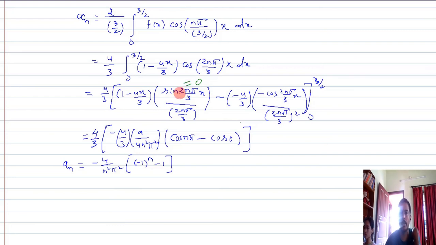Because at the upper limit we get sine of n pi by 3 into x, which is 3 by 2, so the 2 by 3 and 3 by 2 cancel. We'll get sine n pi at the upper limit, which is 0, and sine 0 is 0 for the lower limit. So we are left with only one term, the cos term with negative signs, and an is minus 4 by n square pi square into minus 1 power n minus 1.